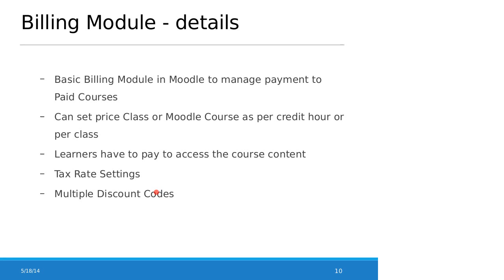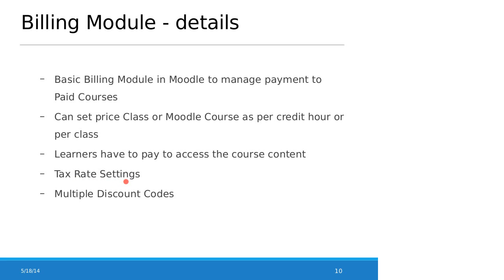We already created a basic billing module. Once they are assigned to a curriculum, they're going to see their courses and they have to pay to get access to the Moodle course. We have created a couple of additional plugins around the class, where the administrator can set a price for the class per credit hour or for the complete class.